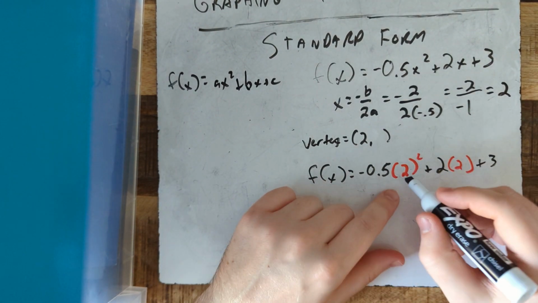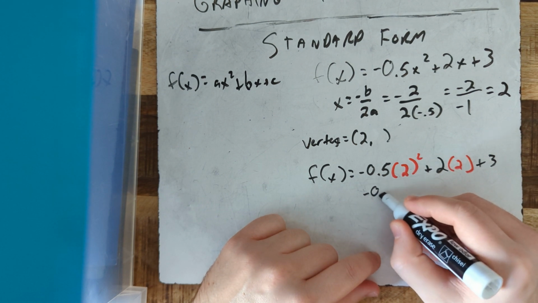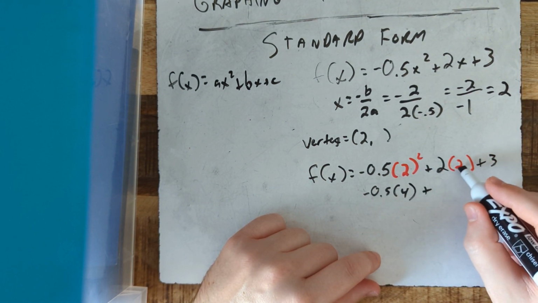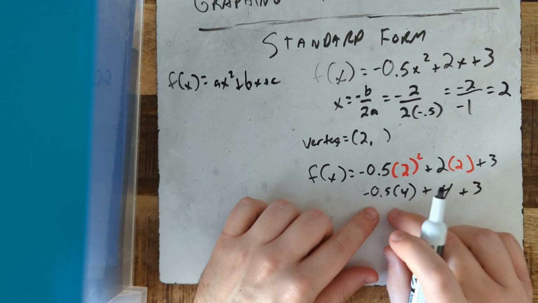So let's just solve. Start here with our exponents. 2 squared is 4. 2 times 2 is 4. Bring down our plus 3.